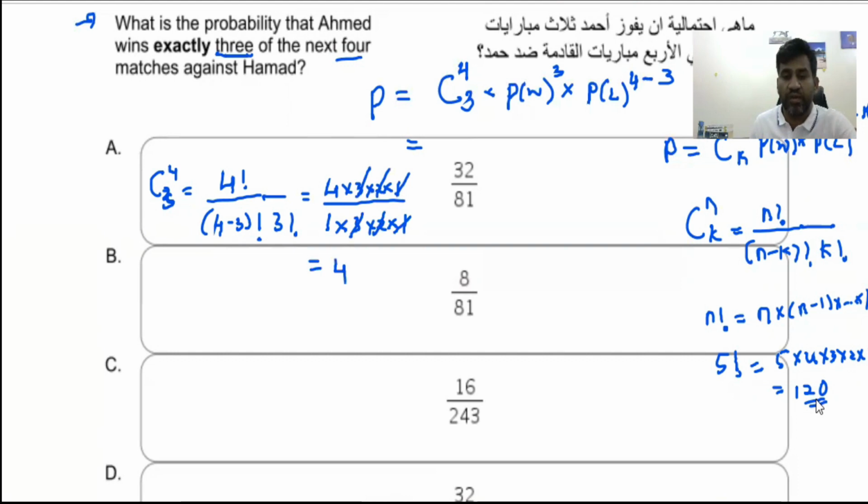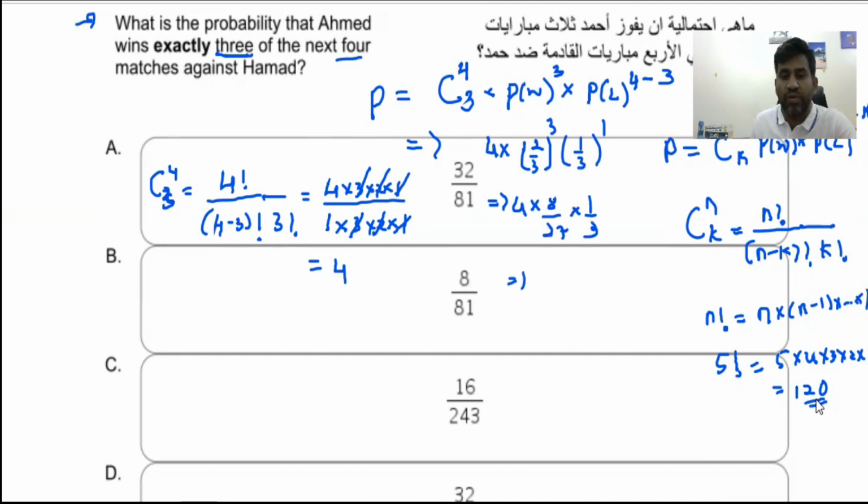Substitute over here. What answer are we going to get now? This is 4 times the probability of win. We know the probability of winning is 2 by 3 to the power 3, and the probability of losing is 1 by 3 to the power 4 minus 3, which is 1. Simplifying further, 4 times 2 cubed, which is 8 over 27, times 1 by 3.